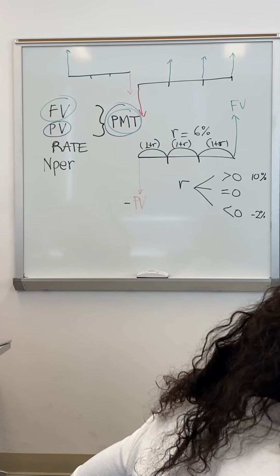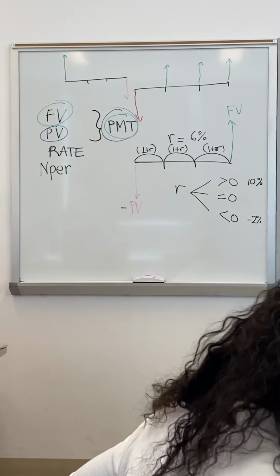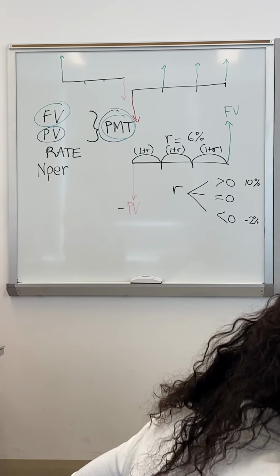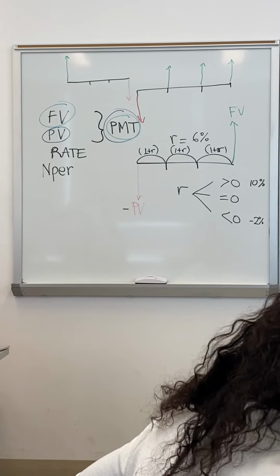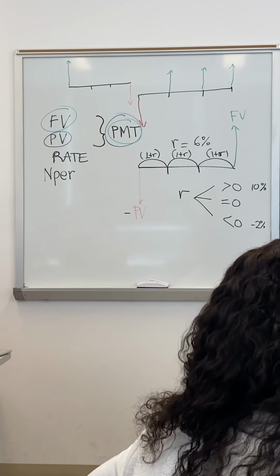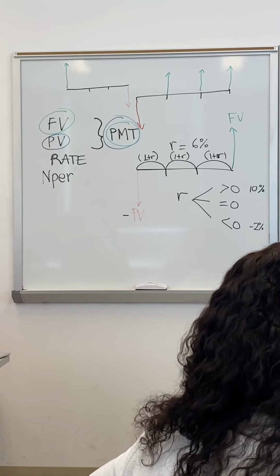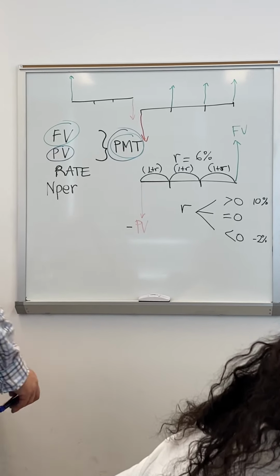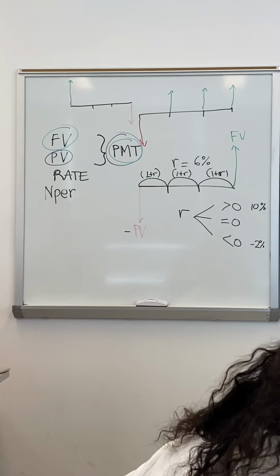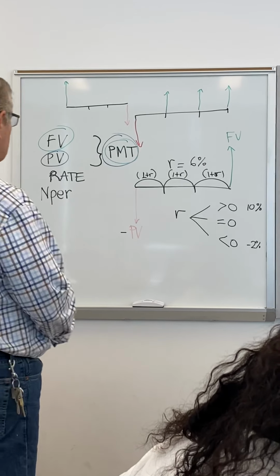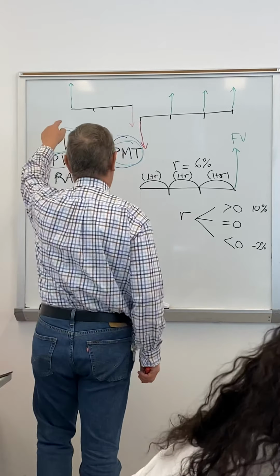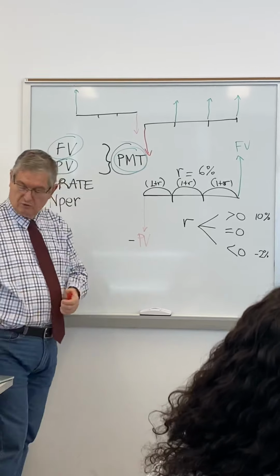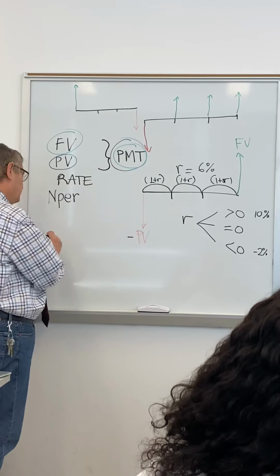Do you want that money at the beginning of the year or at the end of the year? Or when you make the payment, do you want that money to be made at the beginning of the period, or at the end of the period? In other words, what is the alternative going to be?